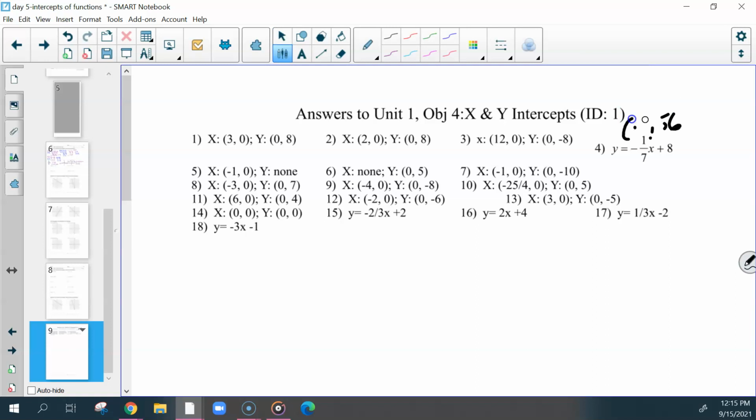That's backwards. The y-intercept was 8. 5 and 6 we did. For 7, x-intercept was -1, y-intercept was -10. For 8, x-intercept was -3, y-intercept was 7.